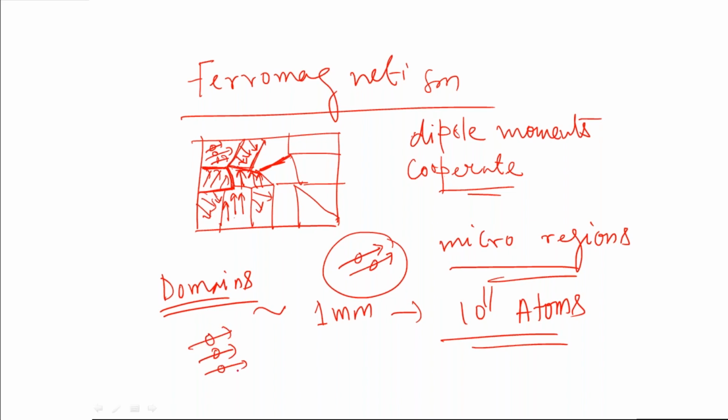Each individual domain has a certain net dipole moment, because in the same domain all the spins are oriented in the same direction. They cooperate and interact with each other. Interact means they talk to each other.